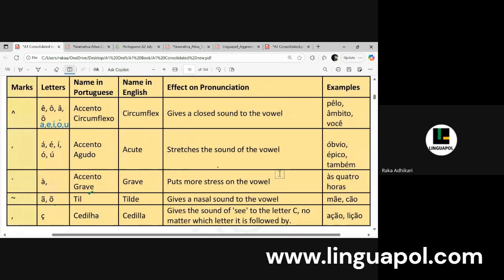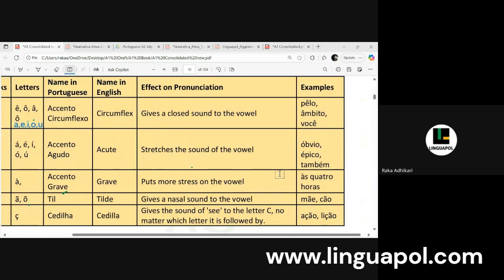Now the role of this accent, what is the effect on pronunciation if this accent comes in a word? It gives a closed sound to the vowel.